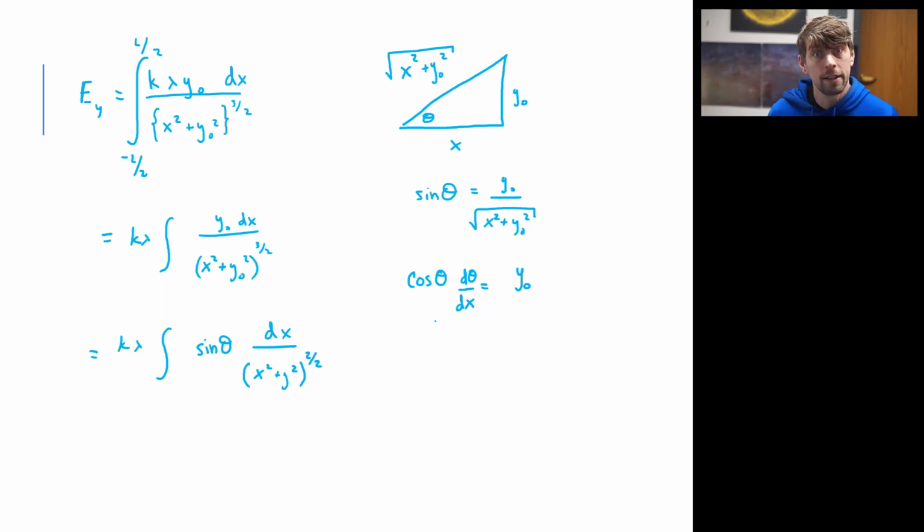I like to think of this as just having a negative exponent. That's me personally. It's just easier to do the power rule in my humble opinion. So I have x squared plus y naught squared to the negative 3 halves, right? Because negative 1 half, decrease it by 1.